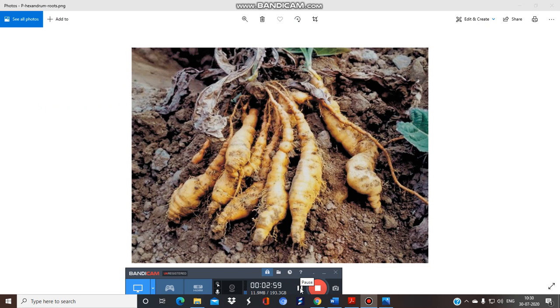Just see the morphology of the root. The color of the rhizomes is yellowish brown to earthy brown, and the odor is slight and characteristic with a bitter and acrid taste. The rhizomes are about 2.5 centimeter in length and 1 to 2 centimeter in thickness, whereas roots are about 7 centimeter in length and 2.5 mm in thickness. The fracture of both root and rhizomes is brittle and even.